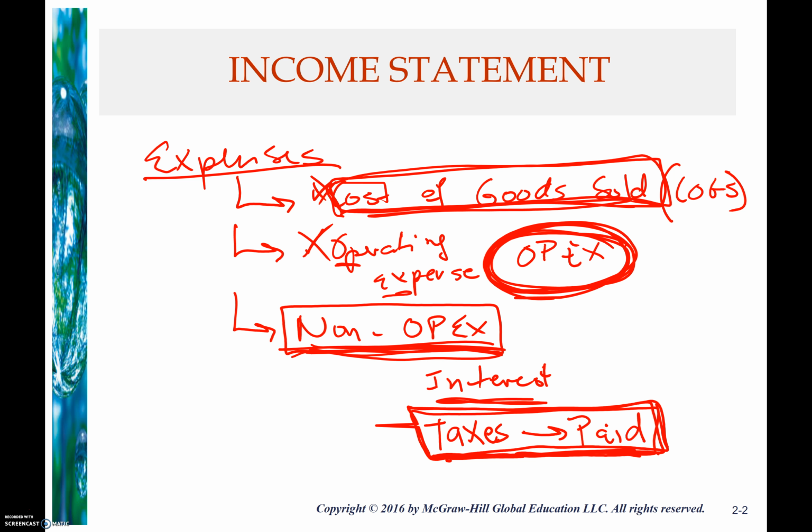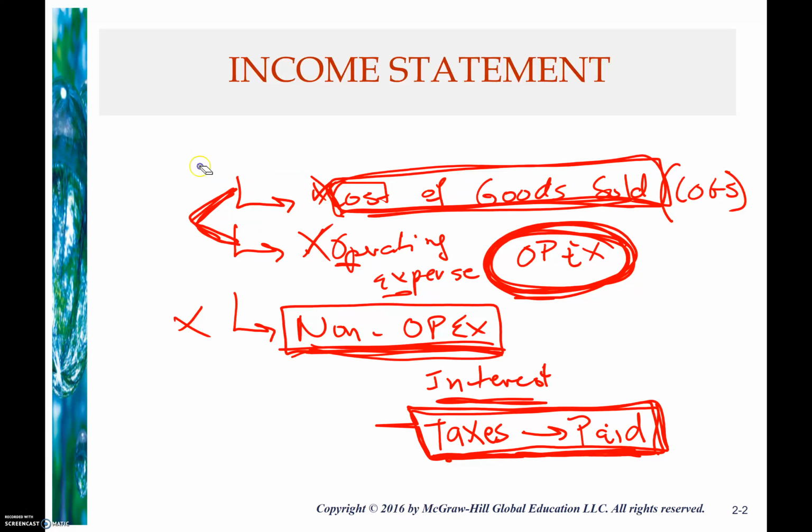That could be your rent, salaries, insurance, and so forth. And any expenses that are not found in these first two will be found in your non-operating expense, and that's interest and taxes and any other expenses that are not directly related to your normal course of business.